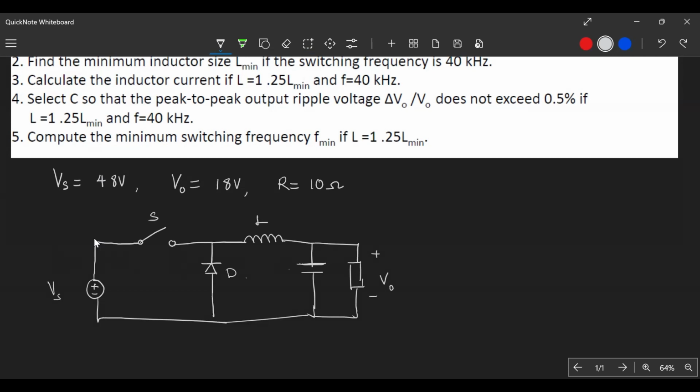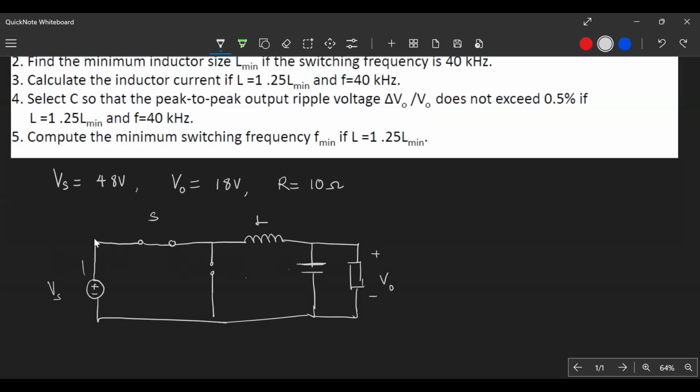You notice that when the switch is closed, this side of the diode is connected to the positive terminal and this side is going to the negative terminal. So the diode will be in reverse bias, and we represent that with an open circuit, meaning there's no current flowing through the diode.